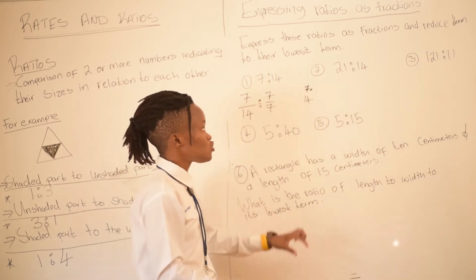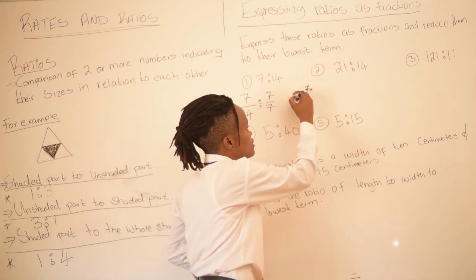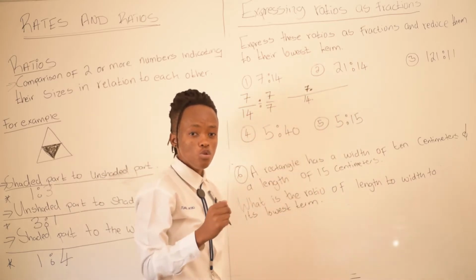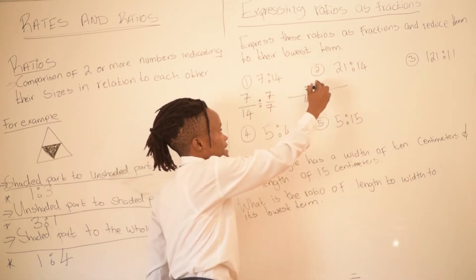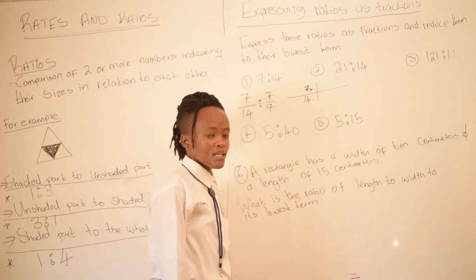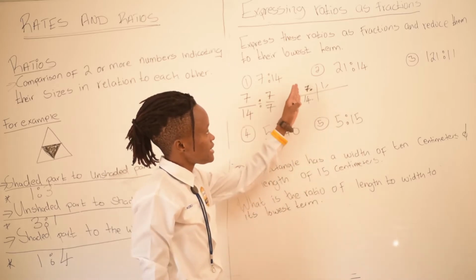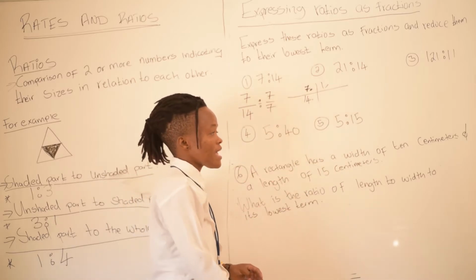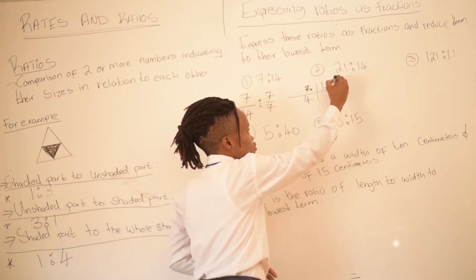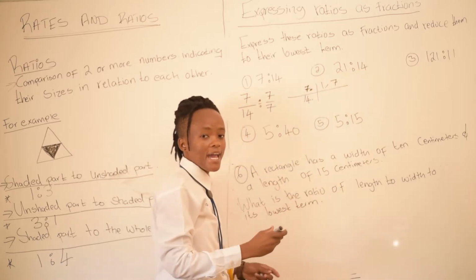So the number that is common to both 7 and 14, we use that number. So let's find the factors of 7. We have 1. 1 can get into 7. Which other number can get into 7? We have 7. 7 can get into 7 one time.